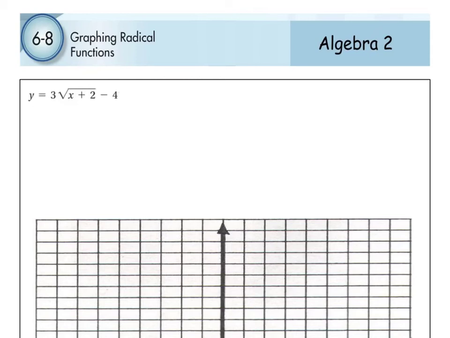So as I look at this guy, my a value is 3. Okay, so identify the shift first. My shift is going to go, this guy here says left 2, and it says down 4.